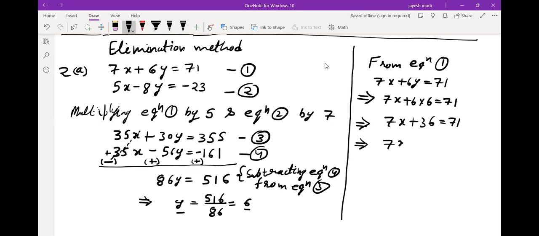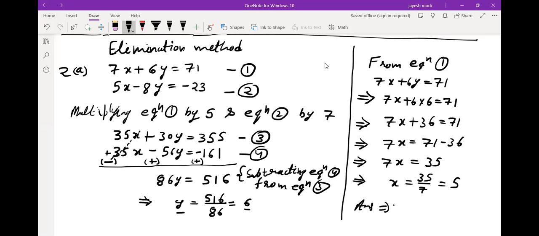It implies 7x equals 71 minus 36. It implies 7x equals 35. It implies x equals 35 by 7 equals 5. Okay. So the answers are x equals 5 and y equals 6. Is that clear to you, everyone?